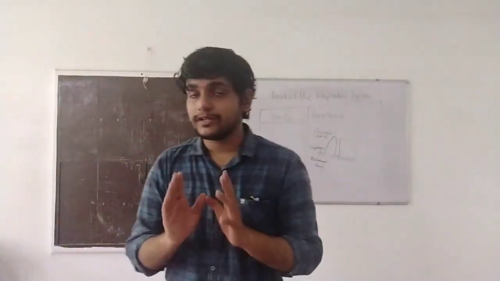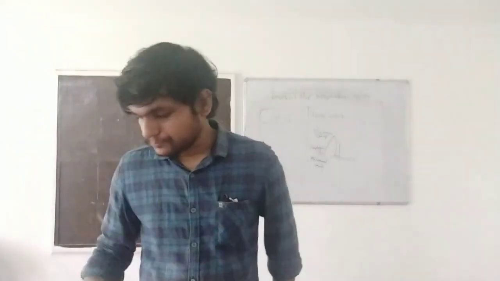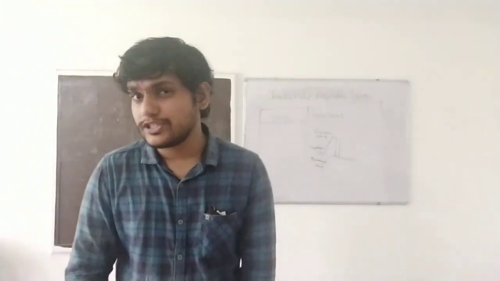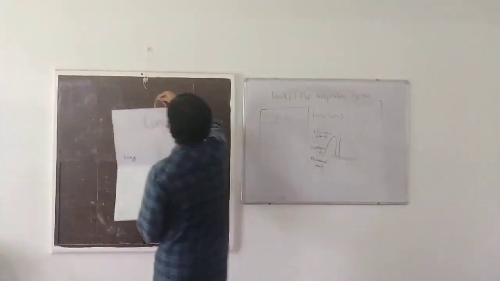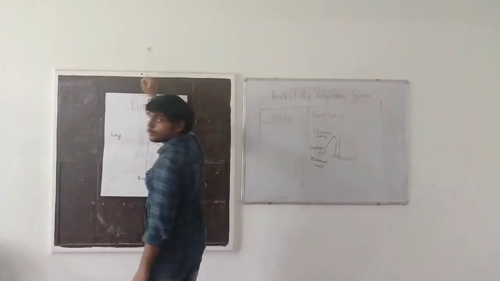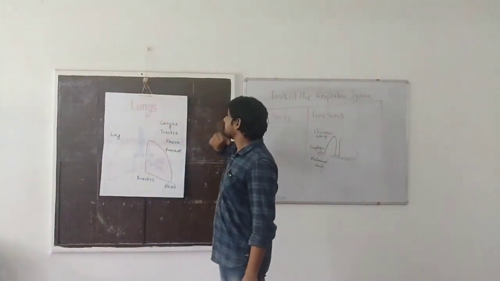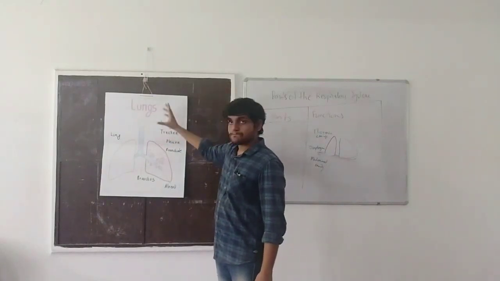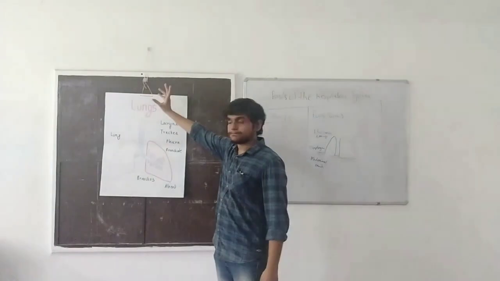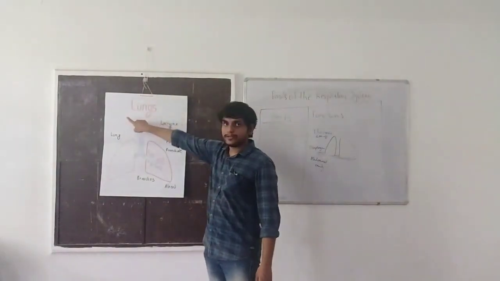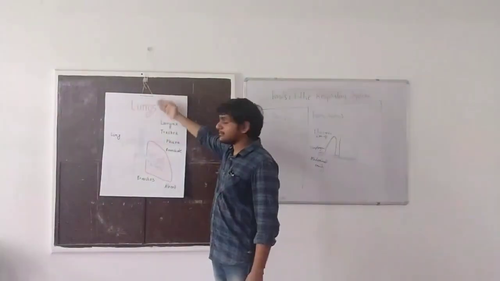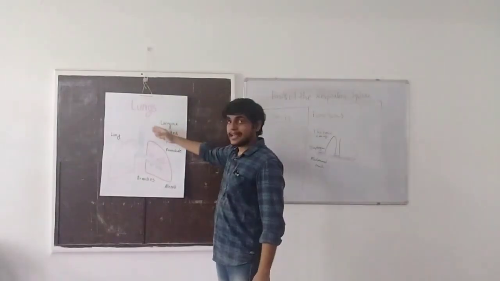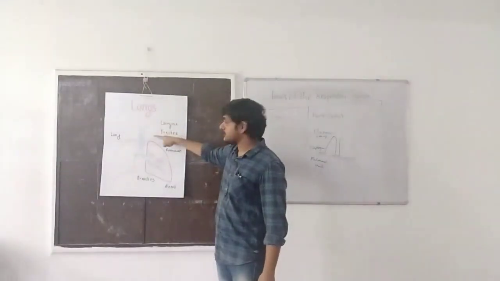I hope with this demonstration you understood a bit about the structure, and now I will show you the chart so that you can get an overview. So this is the lungs. You know that from the nostril, then comes nasal cavity, then comes pharynx, then comes larynx, and after that trachea is there.